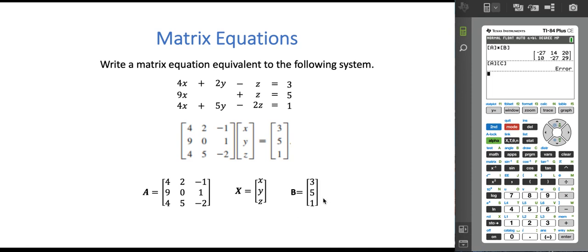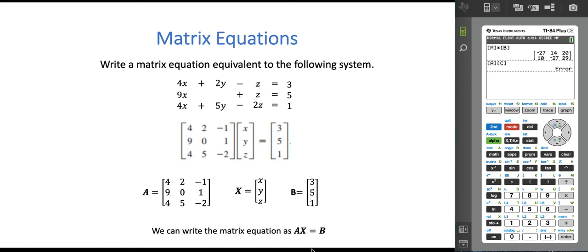Now that we understand the multiplication, remember if we're going to multiply, we can do matrix A times matrix X because the number of columns here matches the number of rows. And in fact, if we do A times X, we end up with the left side of this equation.